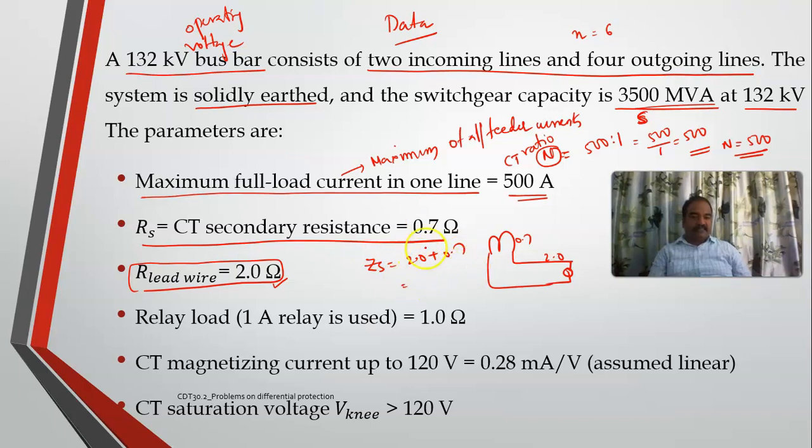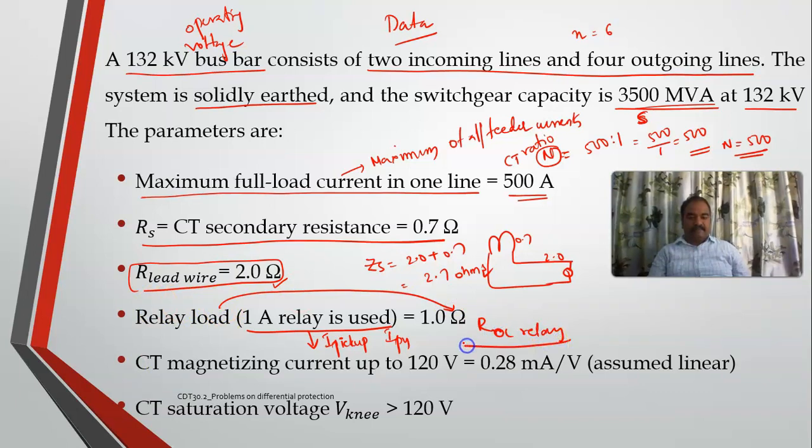This is the secondary side impedance, 2.7 ohms. This is ZS. And for the relay load, a 1 ampere relay is used, which indicates the pickup value, or I call it PA. 1 ampere is the pickup value. And the relay load, this is the resistance of the overcurrent relay, is 1 ohm.